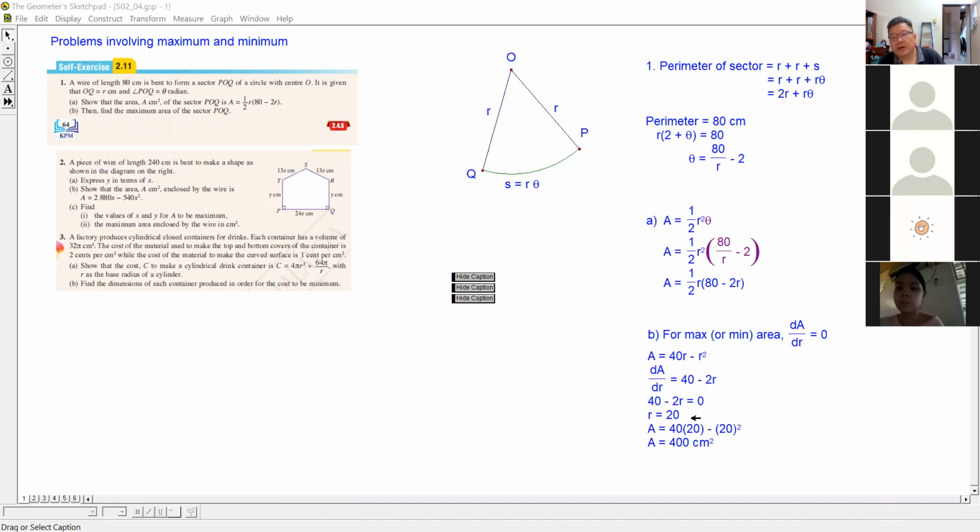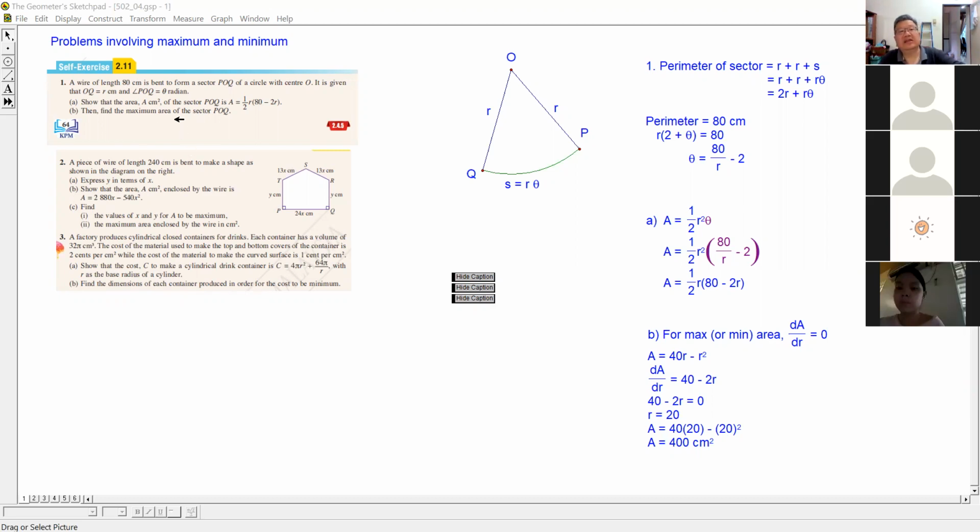Okay, so you don't have to prove that r equals 20 will give you the maximum value. Why? Because the question says find the maximum area, so it is understood that it is maximum. But in certain questions where they ask you to show that the area is maximum, then you have to find the second derivative to prove that the area you have found is maximum.